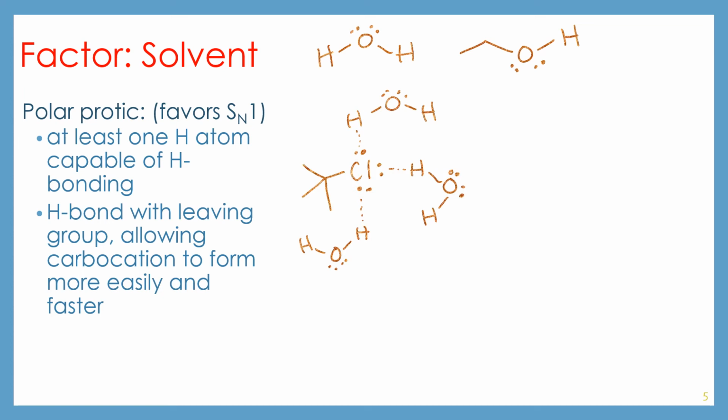So for example, in this reaction, what we want is for the chloride to be able to leave with those electrons. And the hydrogen bonds that the chloride is able to form with the water molecules will allow the chloride to separate more easily. This is going to lower the energy of that transition state where this bond is weakening and the negative charge is beginning to develop on the chloride.